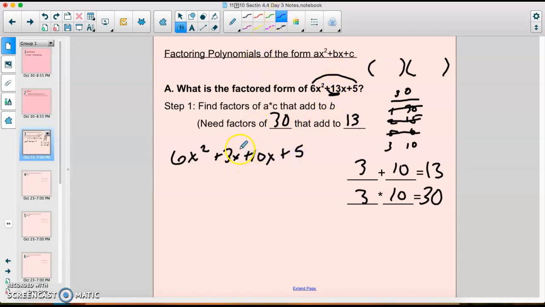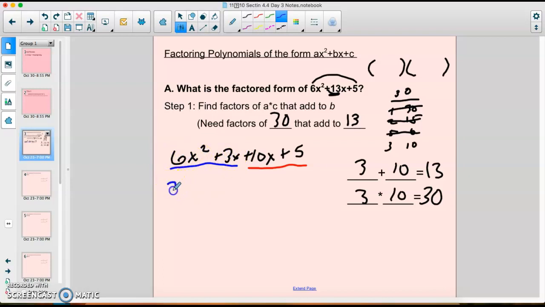Now, we are going to factor by grouping. Basically all that means is that we're going to look at this term and this term, and figure out what we can take out of each piece. What can we take out of 6x squared plus 3x? Looking at the numbers, we can take out a 3 from both pieces.